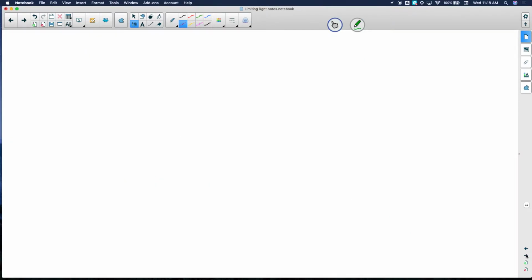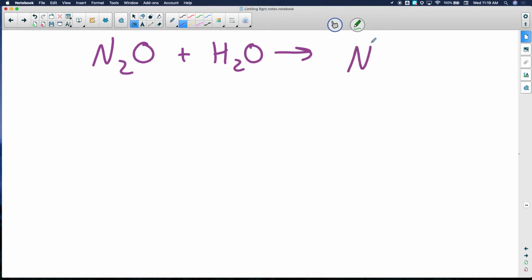Alright. Problem 4. Dinitrogen monoxide and water combine to make ammonium nitrate. That is the chemical reaction for number 4. We need to balance this.